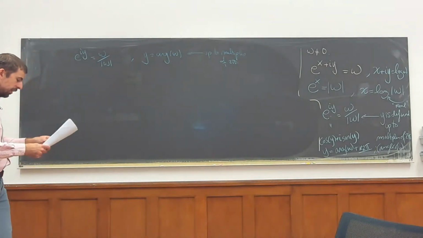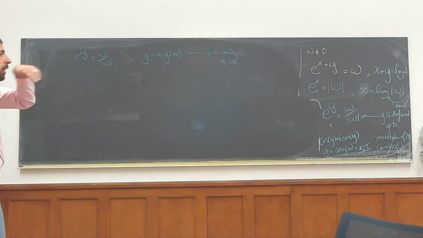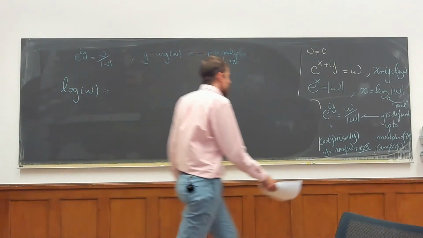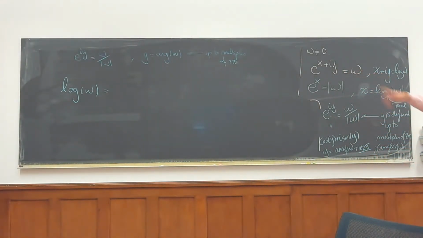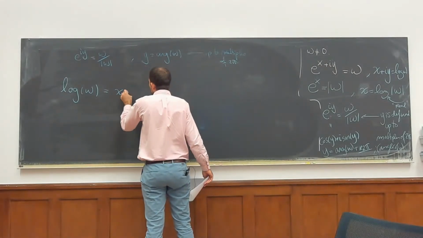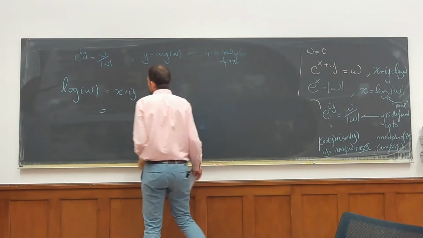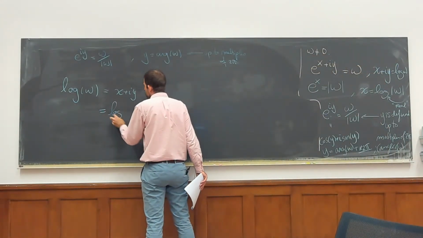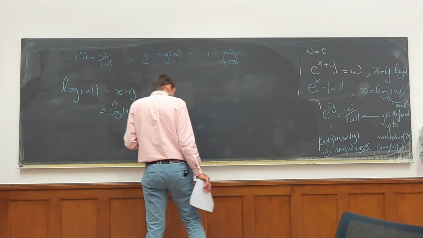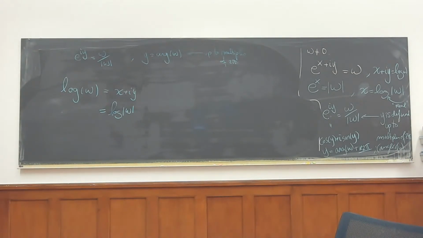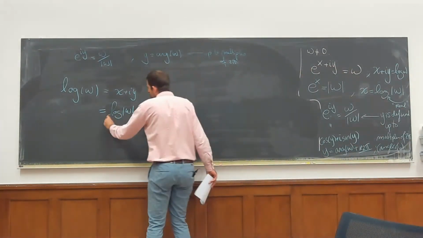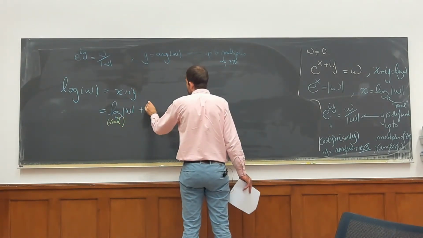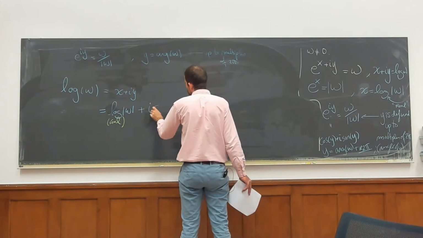But in particular, now we can write the log of w. The log of w is equal to x plus iy, let me write first. But what is this equal to? Well, x is just the log over the reals, the real log, plus i times what's called the argument.